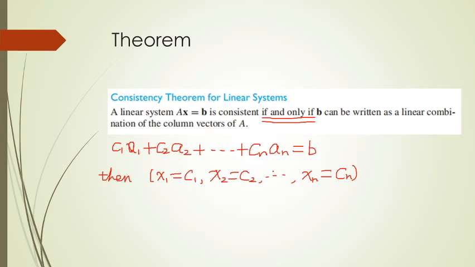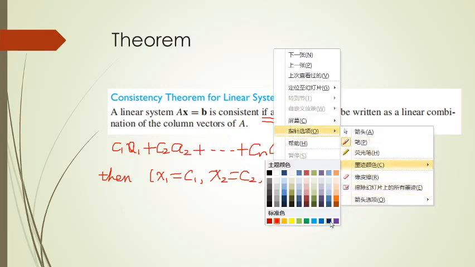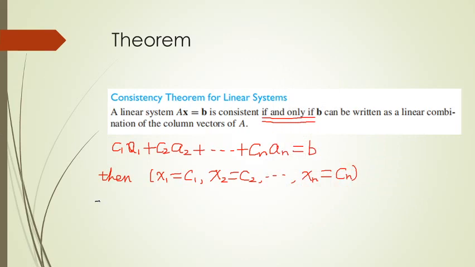So let me just repeat a little bit. We have statement 1 and then statement 2. If we write the terminology if and only if, it means we take statement 1 as a condition, and we can get statement 2 as a conclusion.